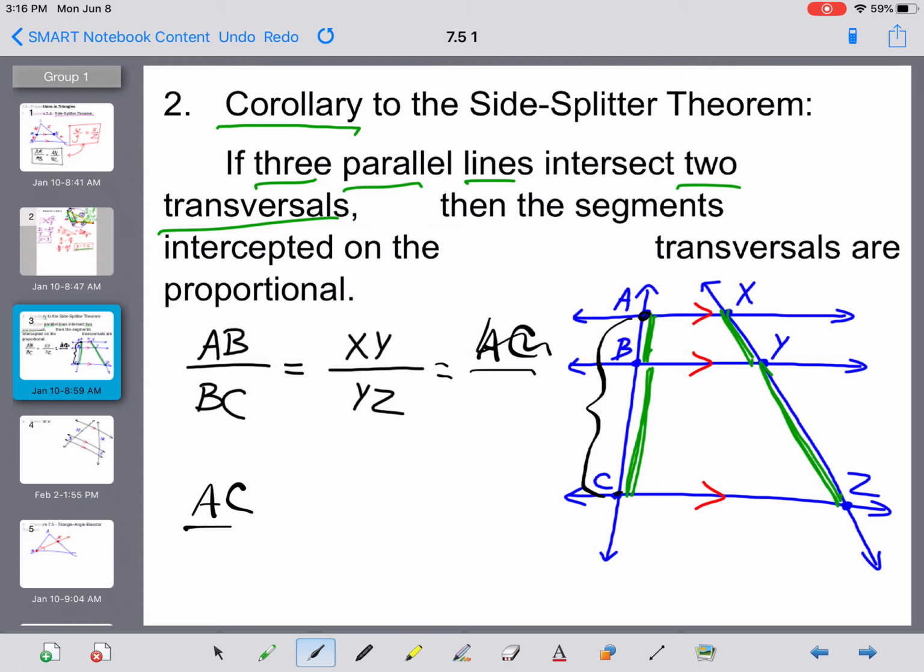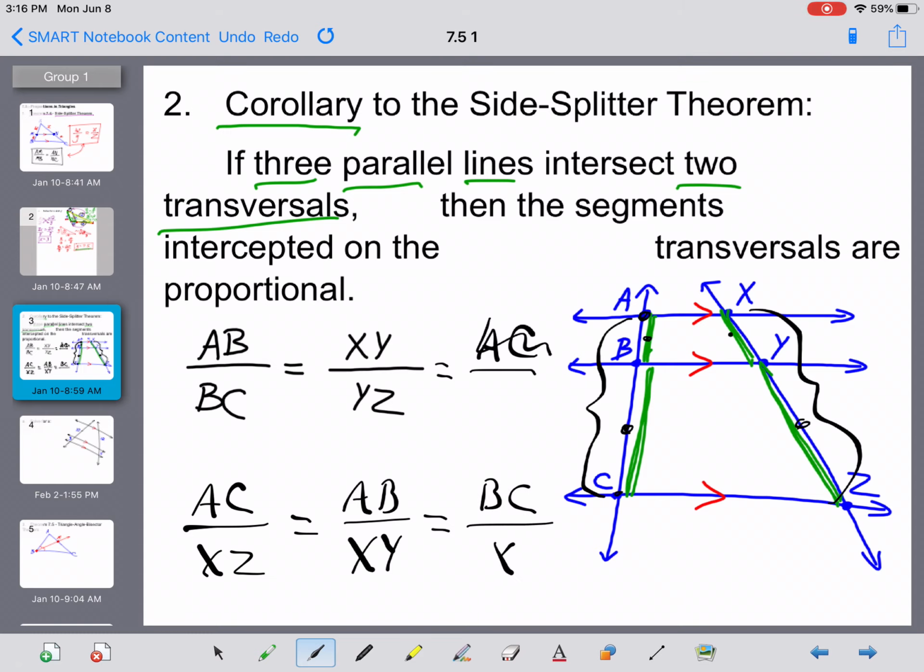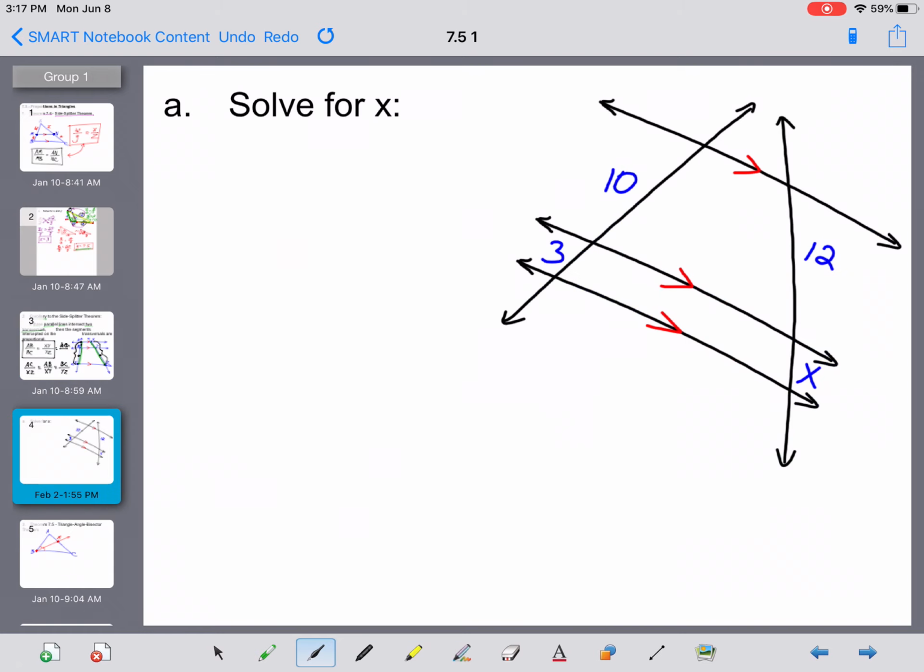That ratio of AC on the left compared to XZ on the right would be the same as the ratio from the top sides, AB on the top left compared to XY on the top right, and that would be equal also to the bottom left to the bottom right ratio of BC compared to YZ. So all of those 3 ratios right there are equal to each other. But that's kind of the simplistic version of what we need for this corollary to the side splitter theorem.